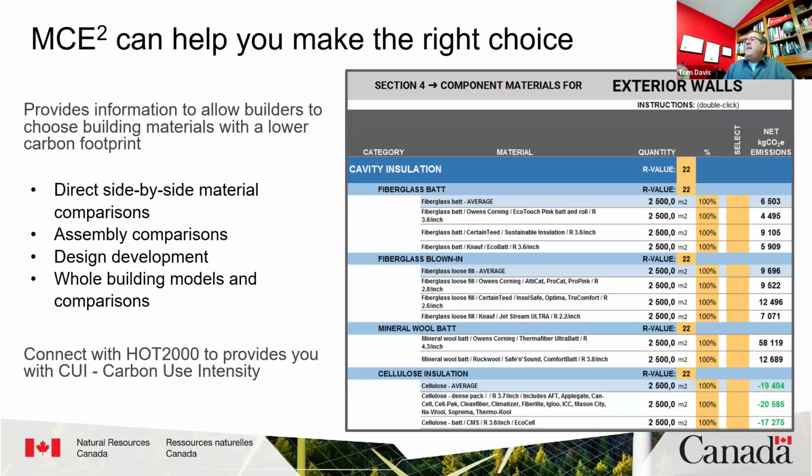So here you can see that not all insulation materials are equal. Just looking at the net emissions category on the far right, they range from, let's call it, 9,600 to as high as 58,000, or as low as negative 19,000.